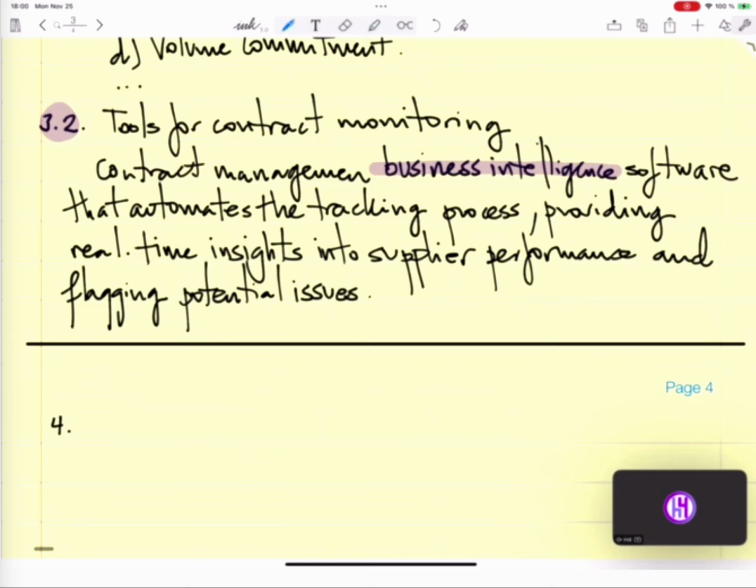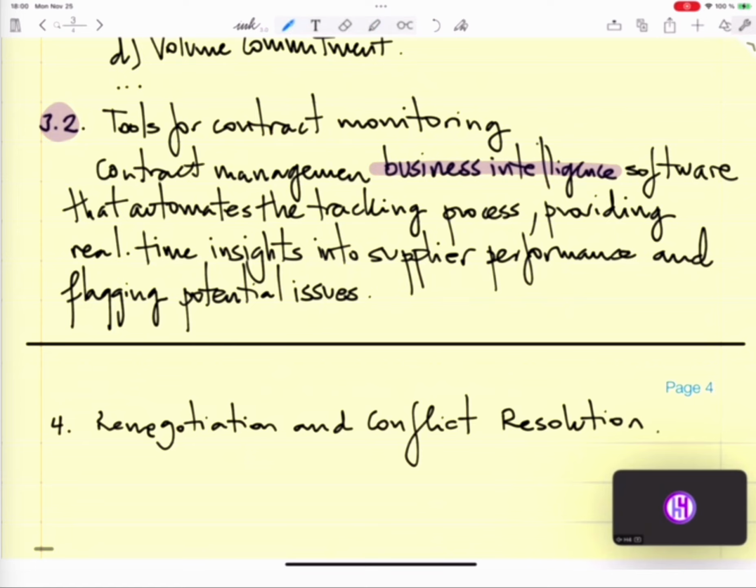We are looking for, the 4th point is renegotiation and conflict resolution. So things change, and sometimes this is unavoidable.